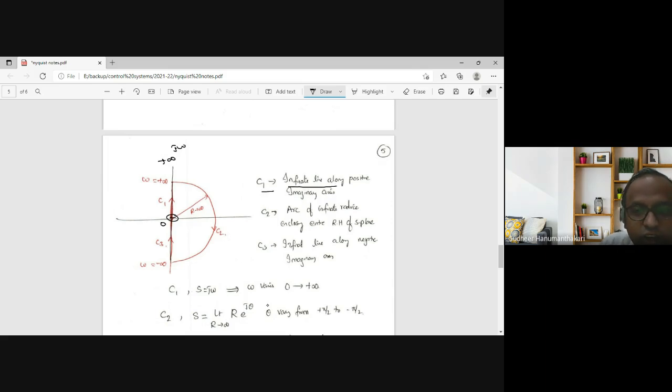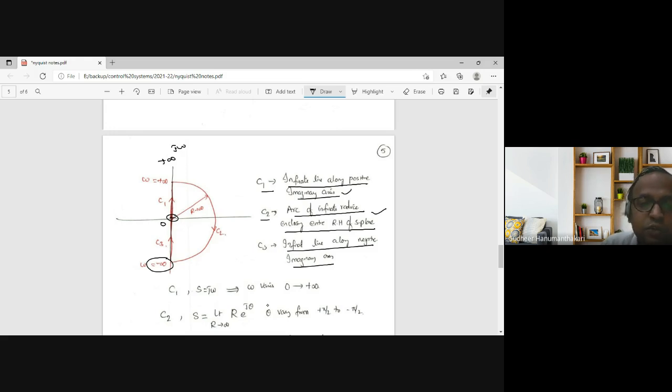It is an infinite line along the positive imaginary axis. From there, you draw the arc with infinite radius, from plus j infinity to minus j infinity. What is C2? It is the arc of infinite radius, which encloses the entire right hand side of the S plane. Then draw a line from minus j infinity to 0, an infinite line along the negative imaginary axis.